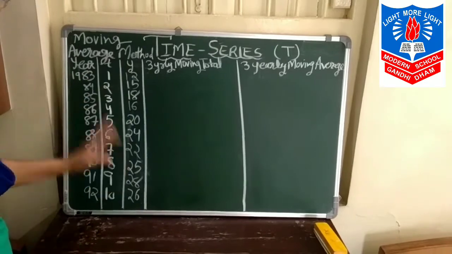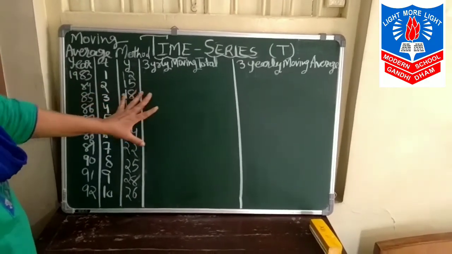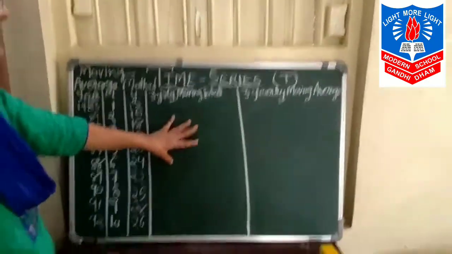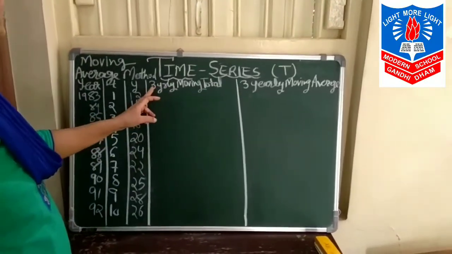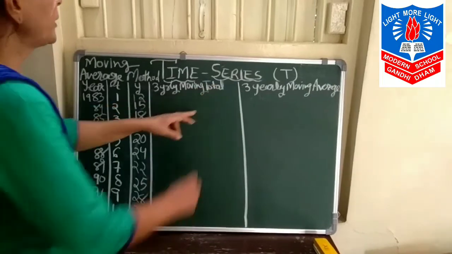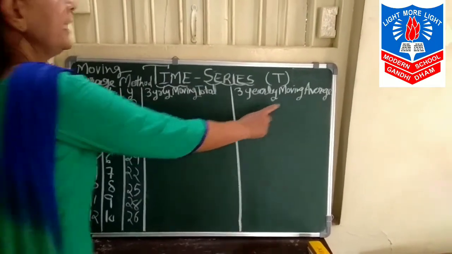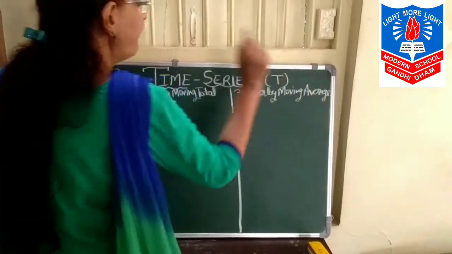Now Y is already given. In this, there are very simple calculations, in 2 parts only. First we will calculate the 3 yearly moving totals, and finally the 3 yearly moving average.